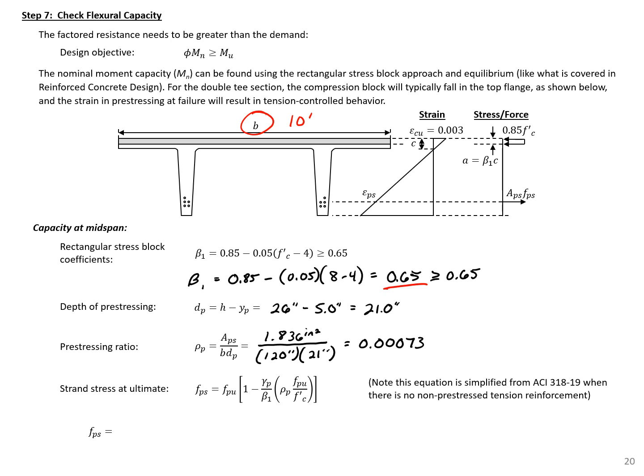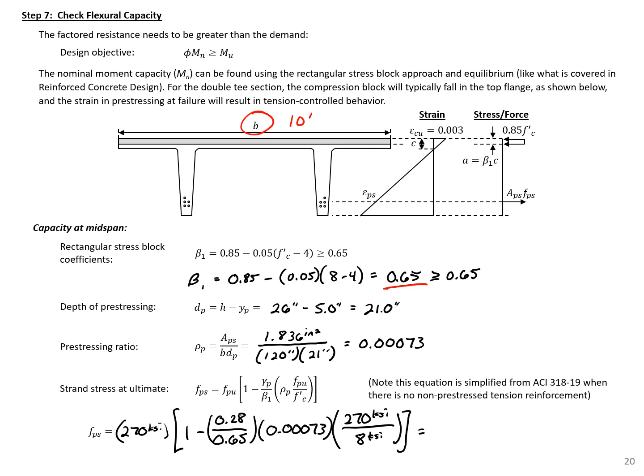So next we can plug this value in and find the strand stress at ultimate using the equation here from ACI 318-19. So we'll have 270 ksi times 1 minus 0.28, our gamma_p factor, over 0.65, times our rho_p, 0.00073, times 270, our ultimate strength of the strand, divided by 8 ksi, the strength of our concrete.